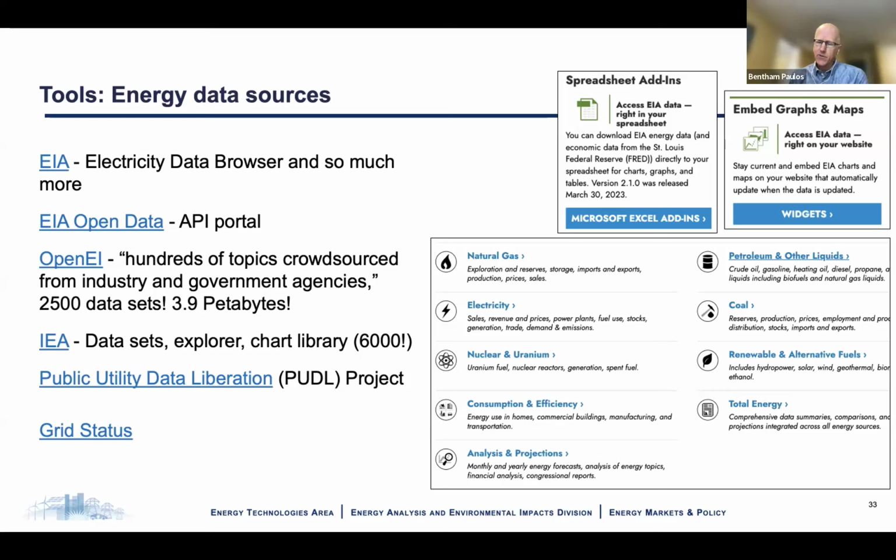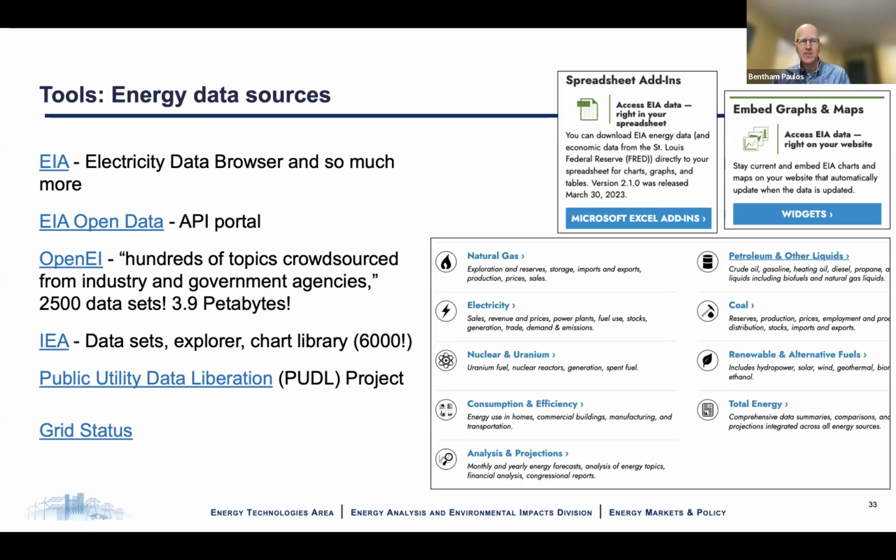There are a couple of private sector projects that I like. There is plenty of commercial activity in data and modeling, but these two I thought I'd highlight. The Public Utility Data Liberation Project is essentially an effort to make utility data more freely accessible.